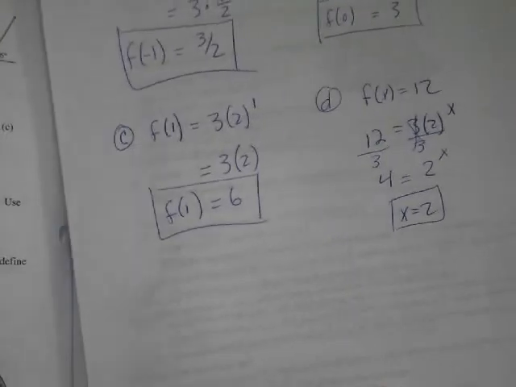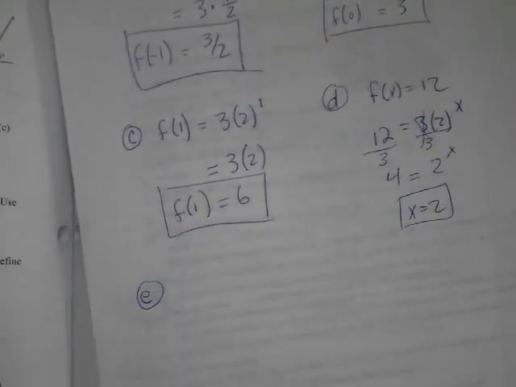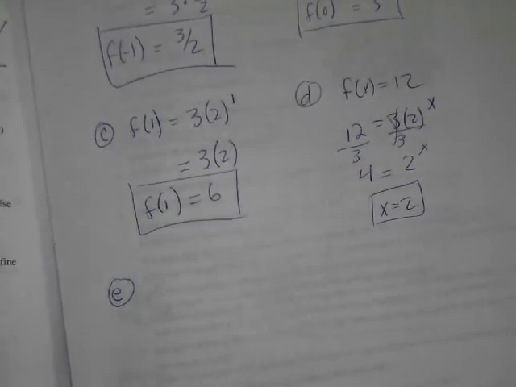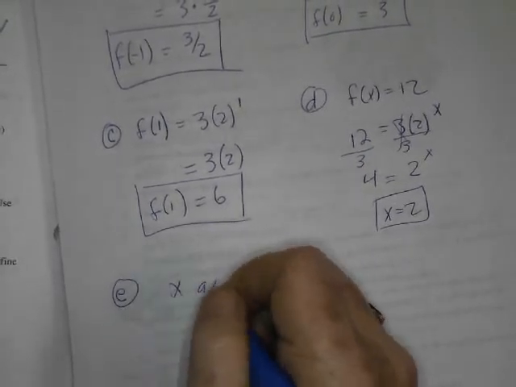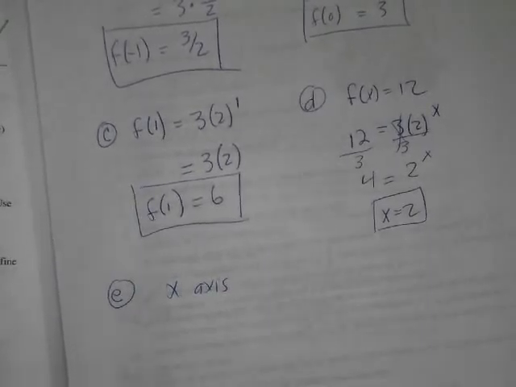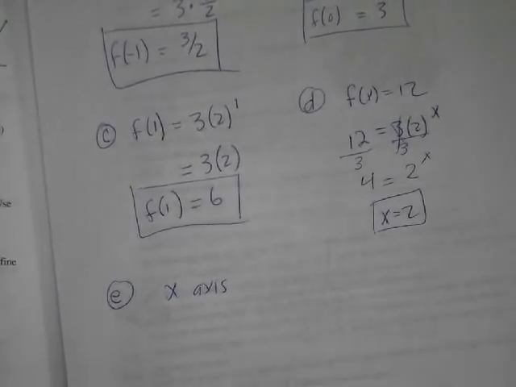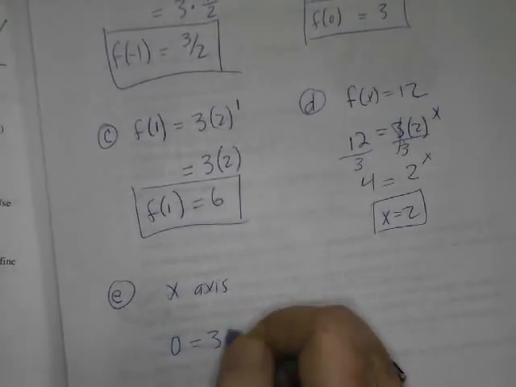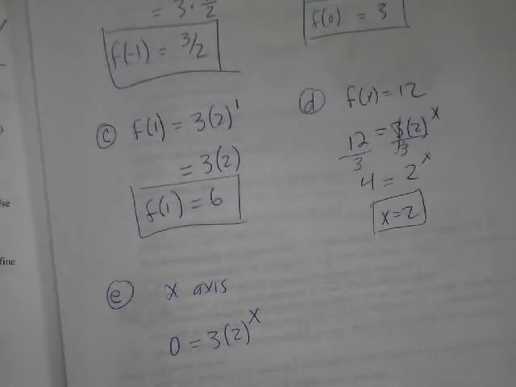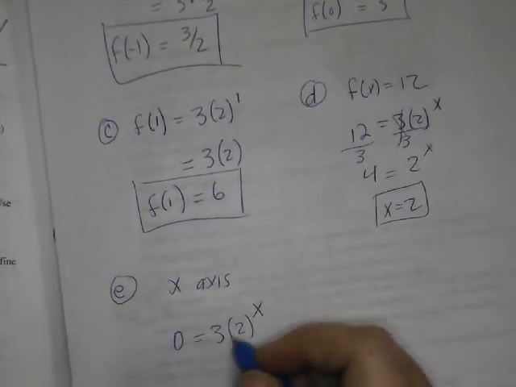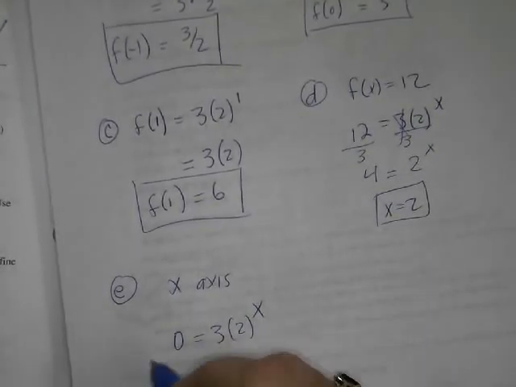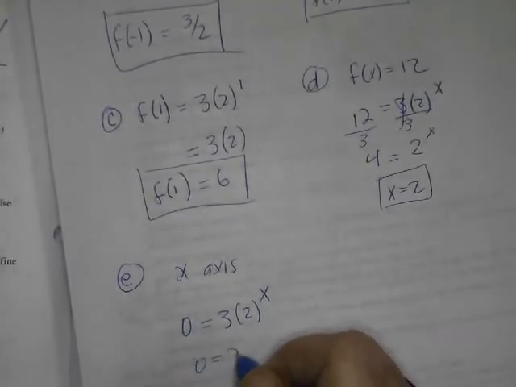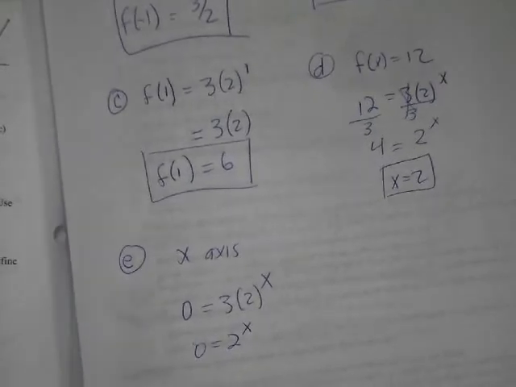And then here's letter E. Letter E says, where does the graph of this function cross the x-axis? The x-axis is going to be when y is 0, or when f of x is 0. So let's see, divide both sides by 3, and I'll have 0 divided by 3, which is just 0. So 2 to the what equals 0?